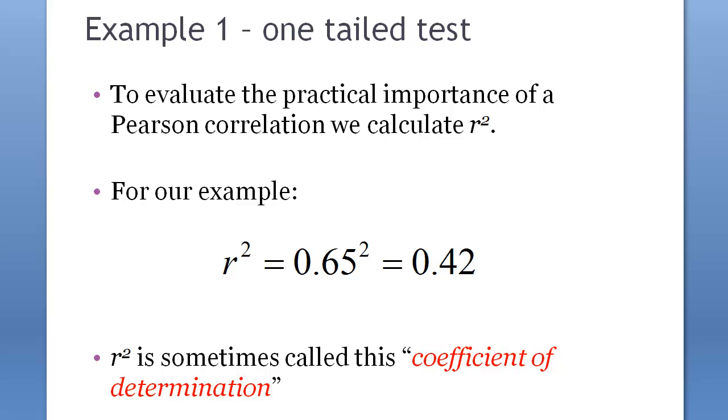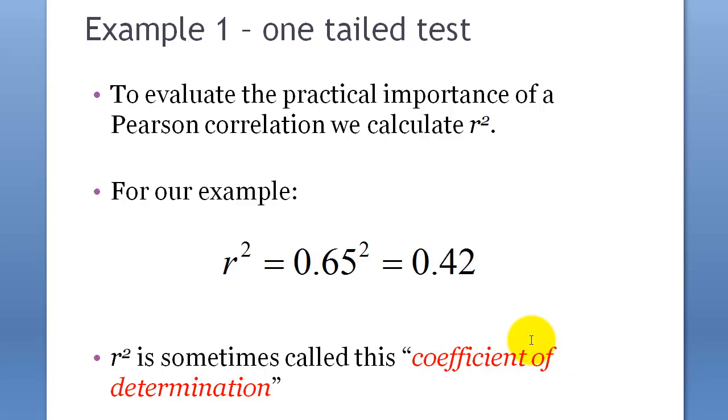to evaluate the practical importance of a Pearson correlation, we calculate R squared. It's like effect size, but it's not exactly an effect, since there's no effect in correlation, so we call that the coefficient of determination.